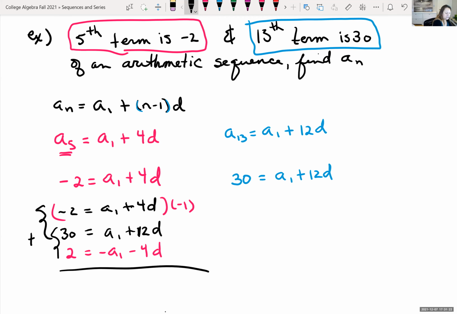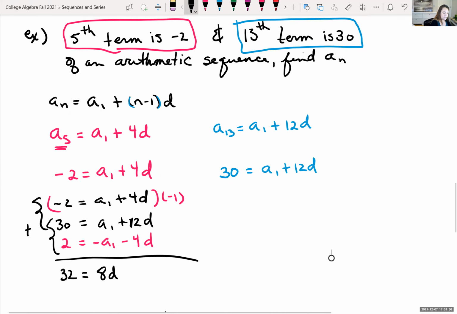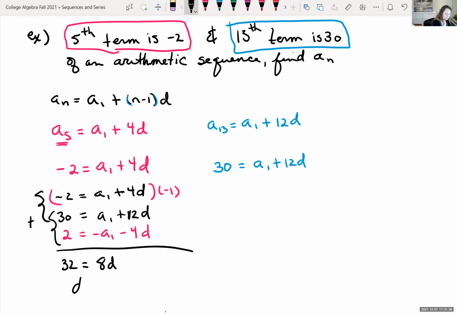So summing these two equations, 30 plus 2 is 32. Our a1 cancels, which we wanted. 12d minus 4d is 8d. And so we can tell here that our value for d is 4.